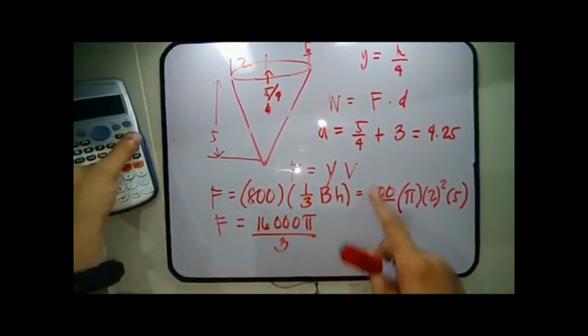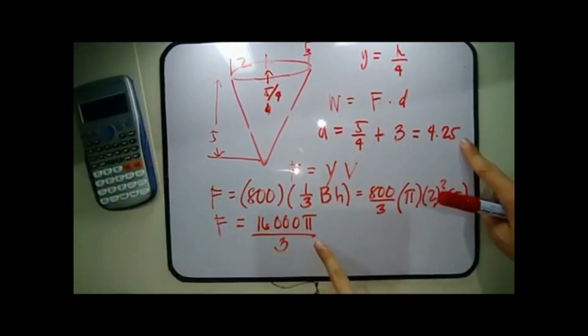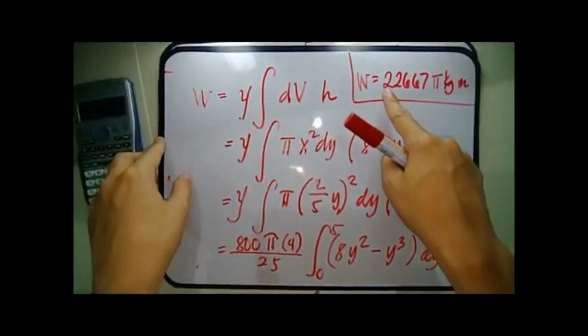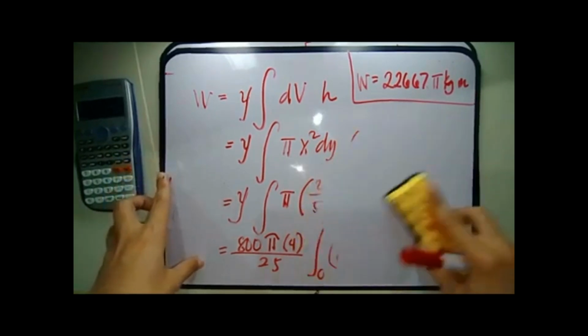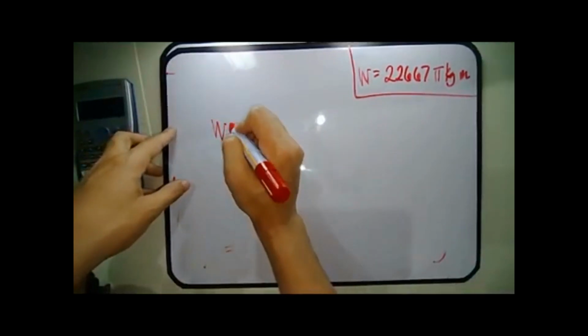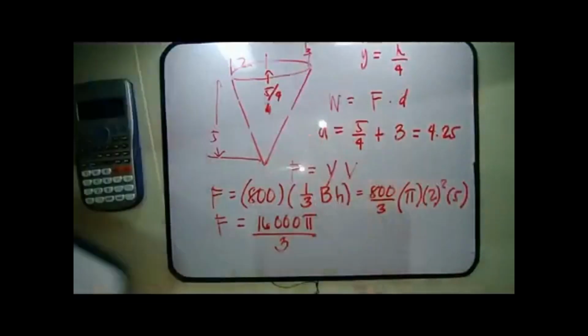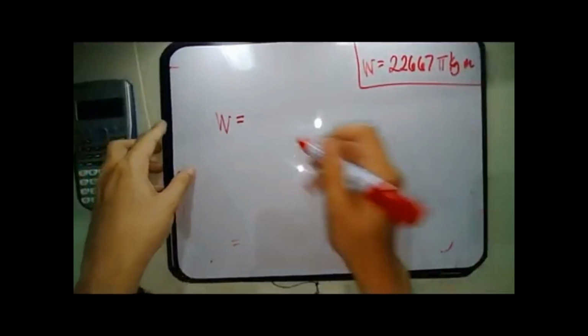Then, we apply this. So, work force times distance. So, pag-multiply lang natin yung dalawa. So, dapat equal siya sa 22667 pi kilogram meter. So, work equals, so force is 16,000 pi all over 3.